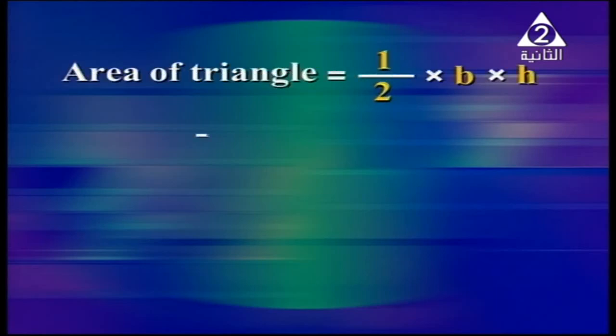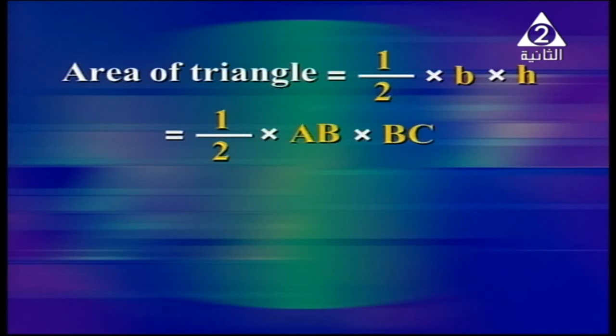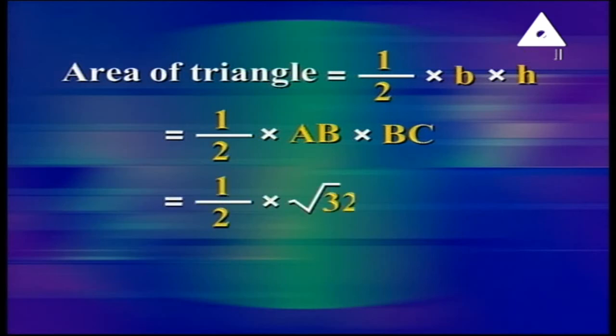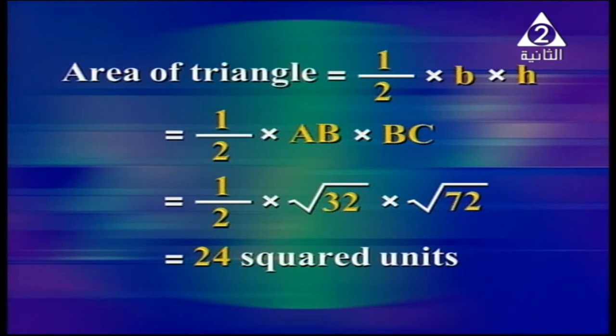So it is half multiplied by AB multiplied by BC. What about their length? Yes, it is half multiplied by root 32 multiplied by root 72 to obtain a result as 24 square units.